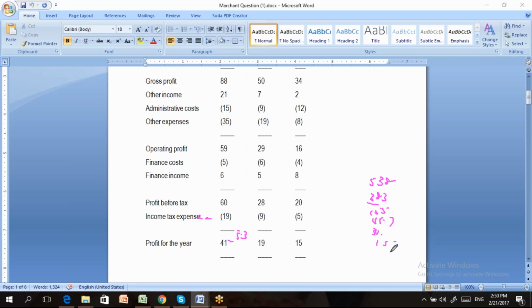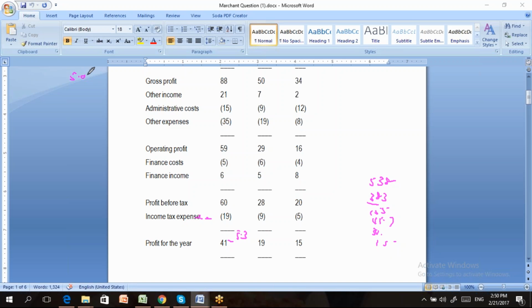But we know goodwill cannot be revalued upwards, and therefore that entire 5 million that they have done upwards must be completely removed. So on the impairment of goodwill, we have to put another 5 million, which I have to include under other expenses.